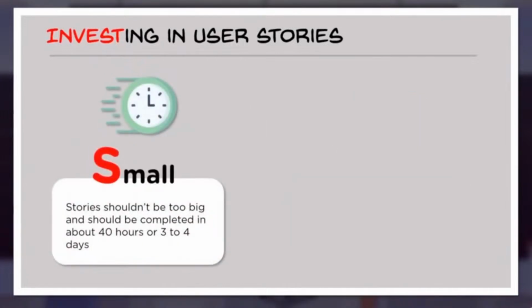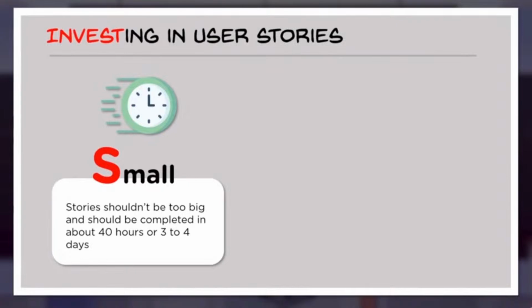Now small means sized appropriately. A user story should not be very big or too small. How do we decide on this size? If a user story can be completed by a developer in a single iteration, can we call it too big? Quite obviously, that is again indicative.